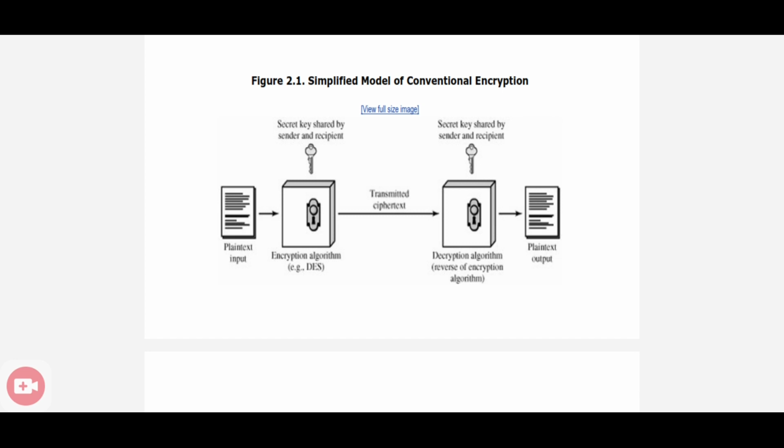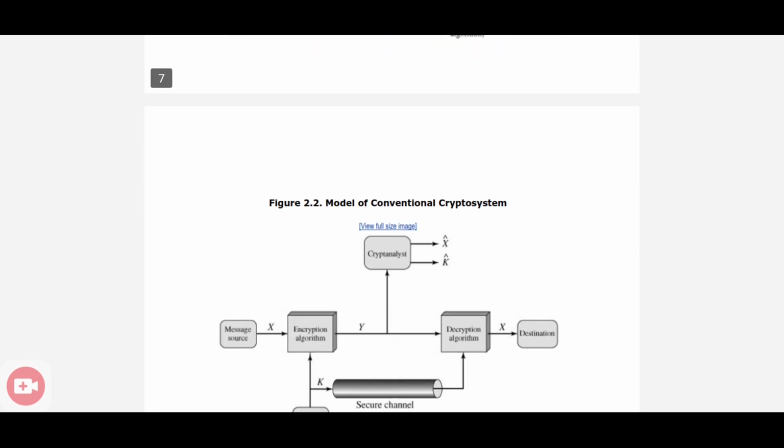And at the receiver side, we can see a decryption algorithm, and the same key is used, that is the secret key or private key, and we can convert the ciphertext back into plain text. So the secret key is actually shared by the sender and the recipient. This is the symmetric cryptography or conventional encryption.